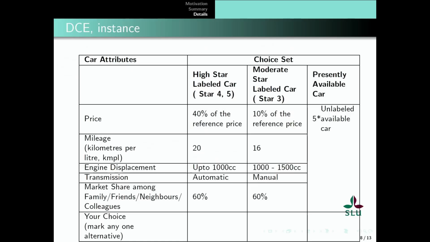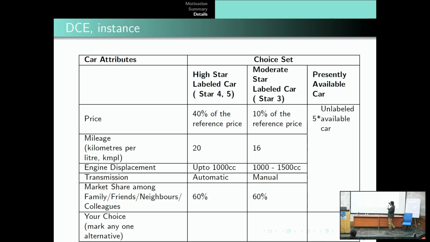And finally, we introduced a discontinuity in the mileage, a very artificial discontinuity. That is going to allow us to estimate value for the mileage at the same time as value for the label. Okay?